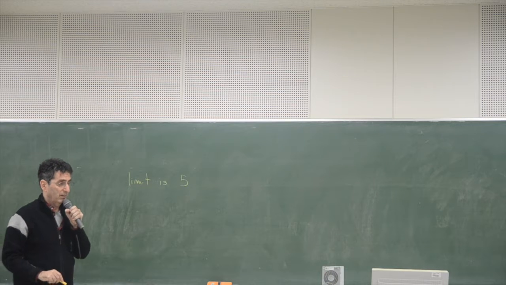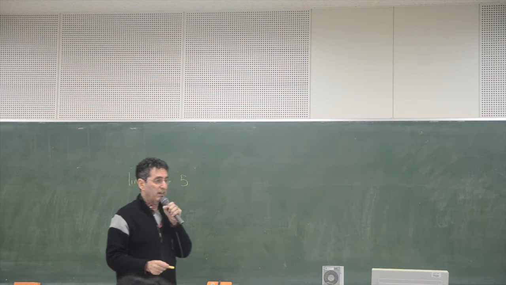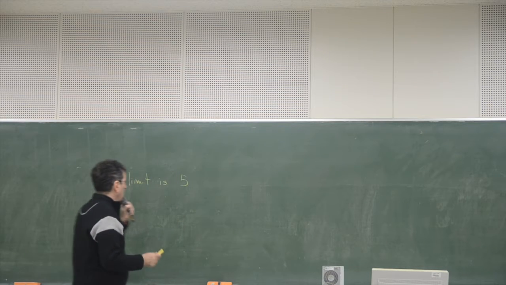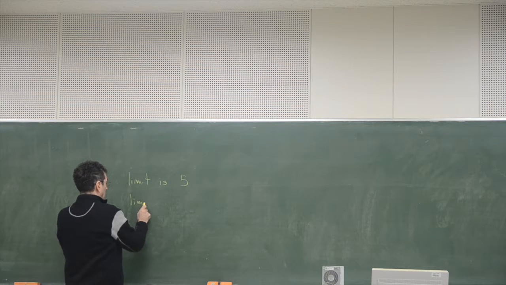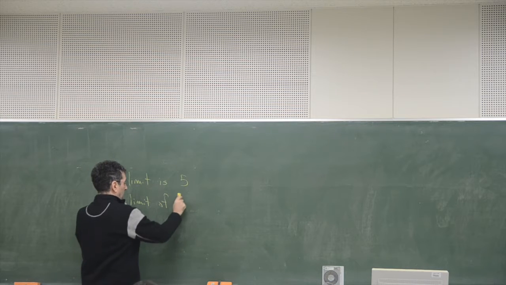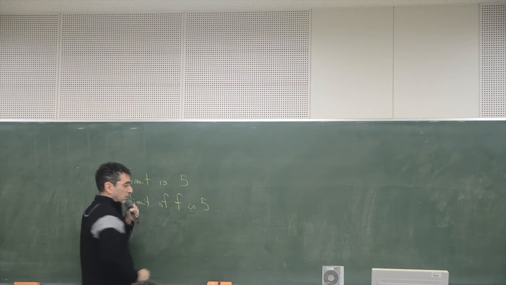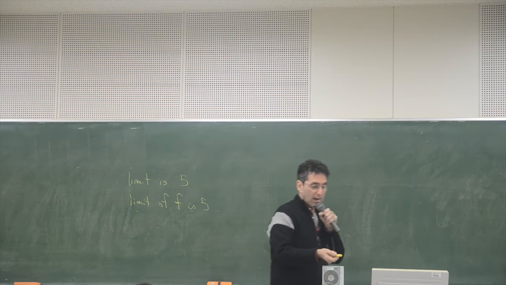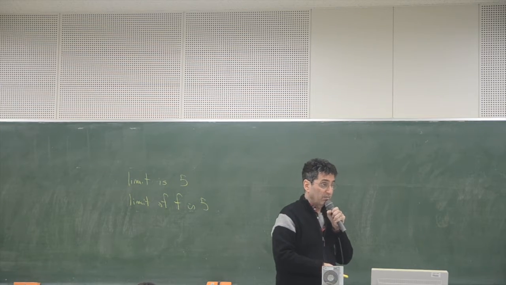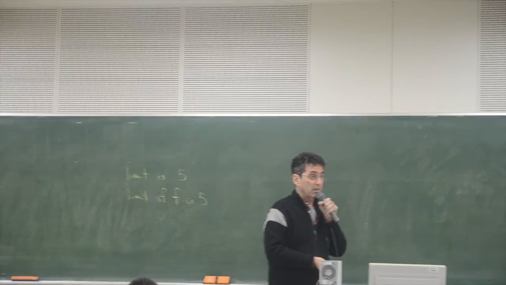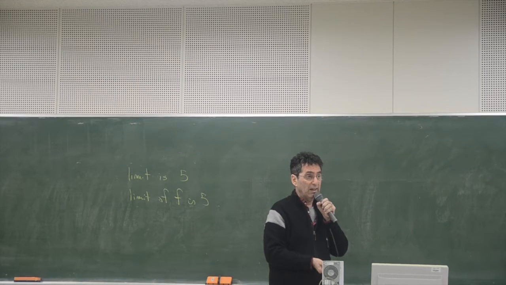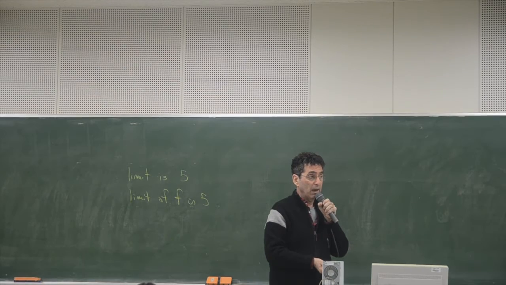Limit of what? Limit of this function. Let's give that function a name, let's call it f. So I'll say the limit of f is 5. But that's not quite right either, because where? It's not when x equals 10. I'm not guessing that the limit is 5 when x equals 10. I'm guessing that the limit is 5 when x equals 3.